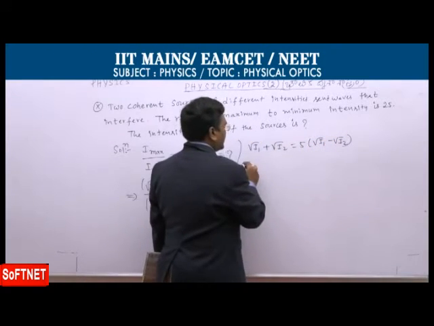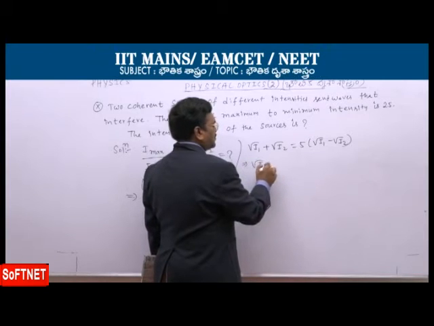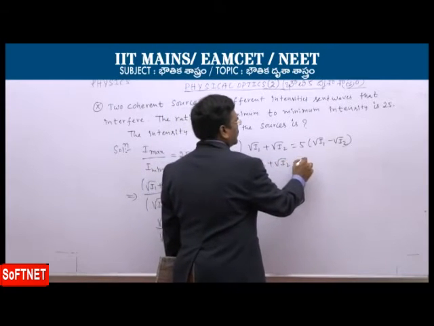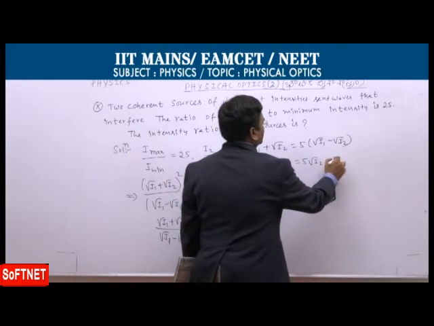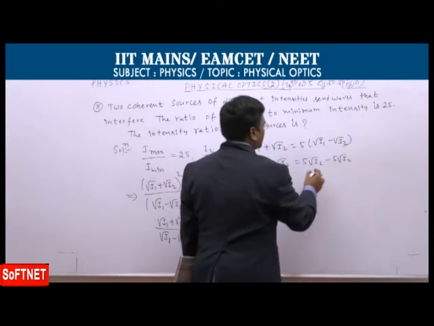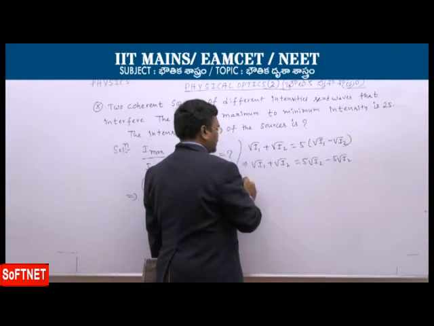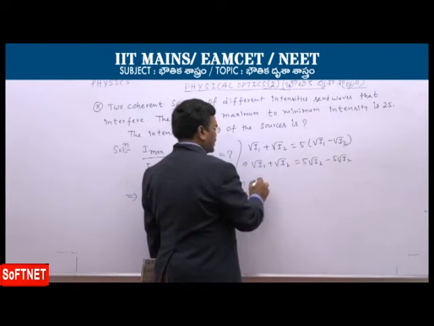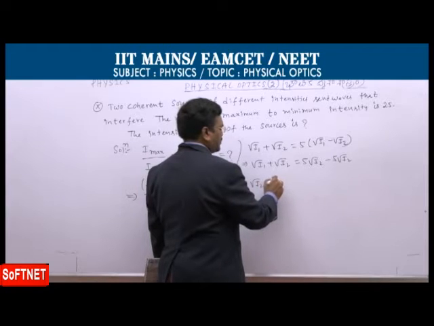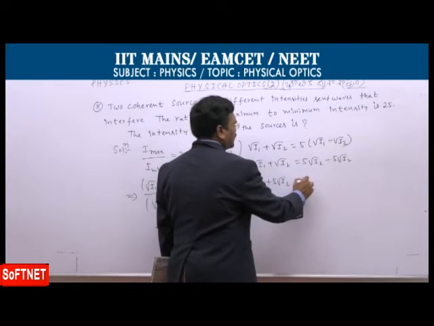So root I1 plus root I2 is equal to 5 root I1 minus 5 root I2. Bring minus 5 root I2 to this side and root I1 to the other side.